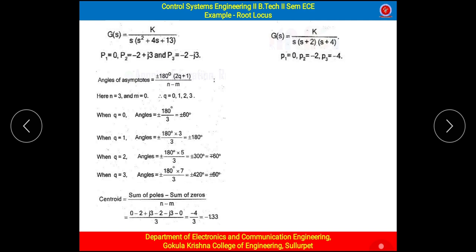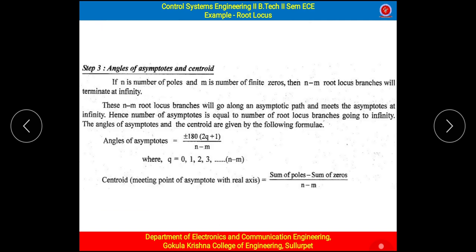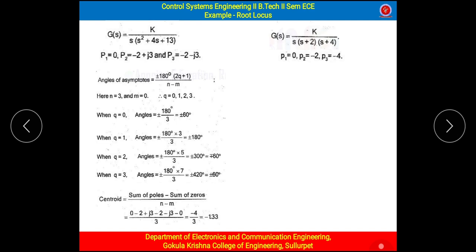Here n is 3, m is 0, and the range of q is from 0 to n minus m, which is 3. So 0, 1, 2, 3. We substitute q equal to 0; that time the angle is plus or minus 60. q1 gives plus or minus 180, then q2, q3. So we will be calculating the angles.